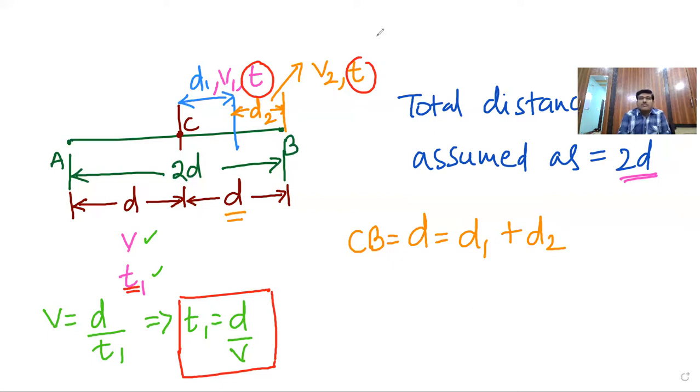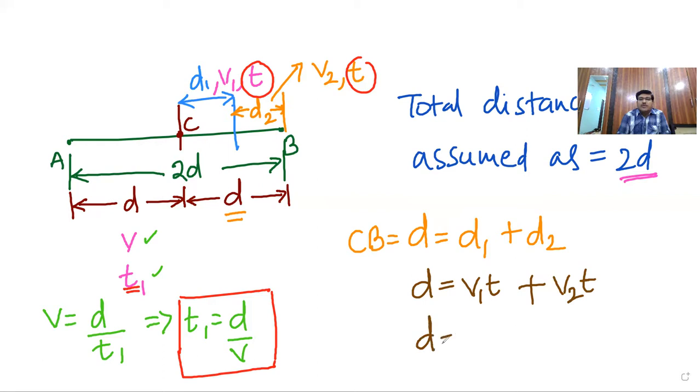Clear? Now observe carefully. I am applying the speed formula to the d1 portion. The distance here is speed into time, so v1 into t. Similarly, for the second portion d2, it is speed v2 into time t.